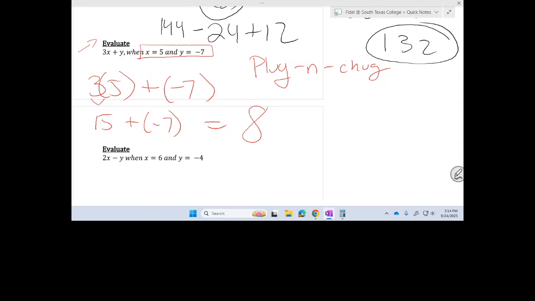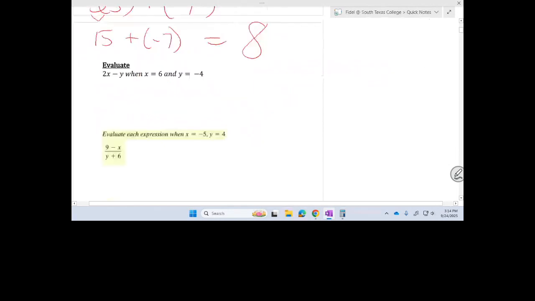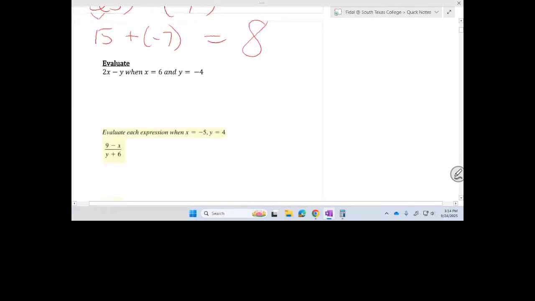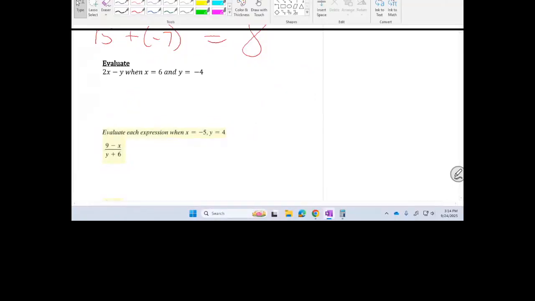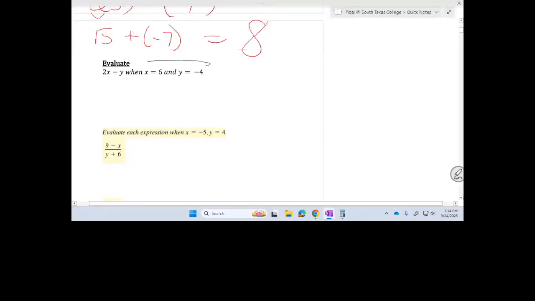So y'all, let's keep doing this. Let's shoot down to the next one here. Again, evaluate 2x minus y when x equals 6 and y is -4. Okay, let's see what we can do here. Y'all remember, we're going to plug and chug again. 2 times 6 minus the number -4, right? Okay, let's see if we can figure this out.